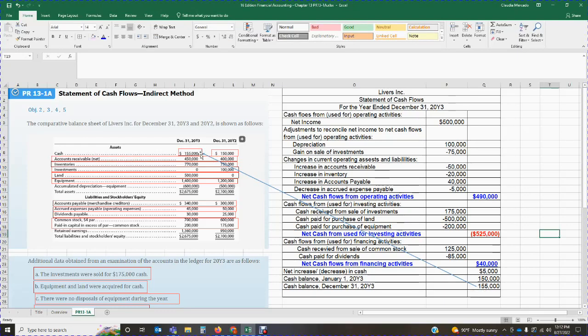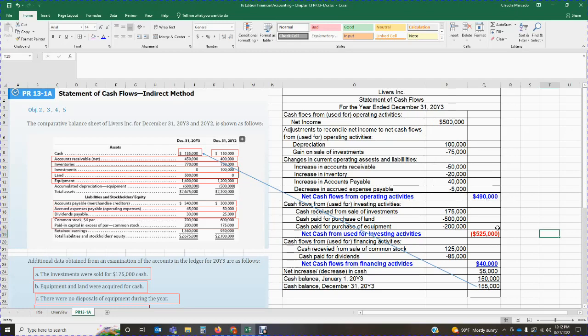What's causing this? This statement of cash flows tells them what caused that increase. Well, Mr. Investor, or Mr. statement user reviewing this information, we had an increase of 490 from our operating activities.